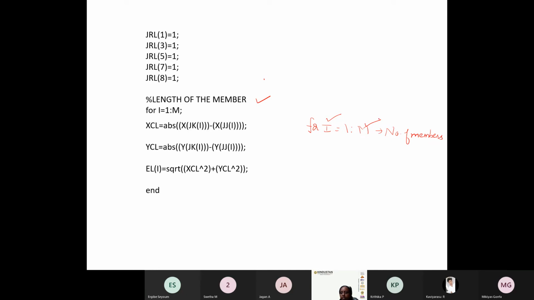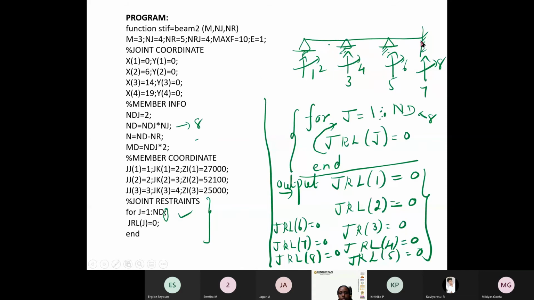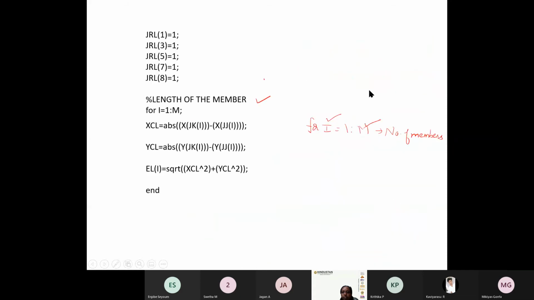So how many members are there in our problem? It is 3. Am I correct? We have given 1, 2, 3. So 3 members are there. So the program will run from 1 to 3. For 1 to 3, something has to be calculated. What has to be calculated?